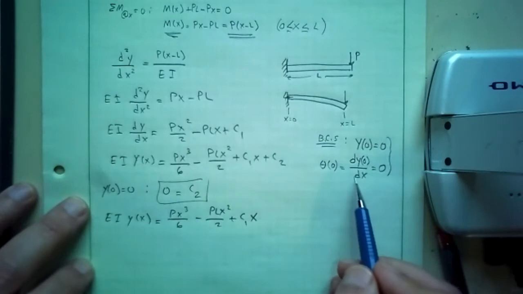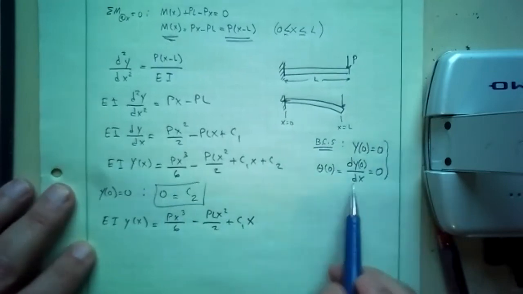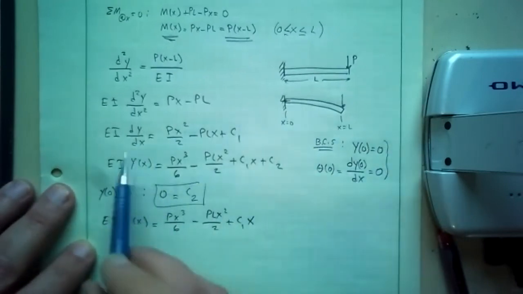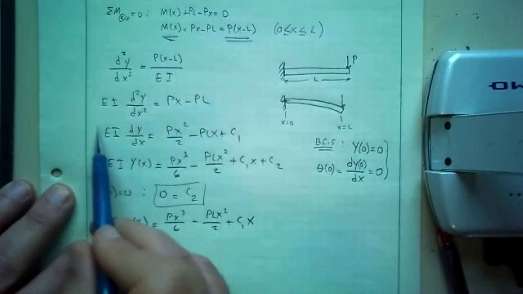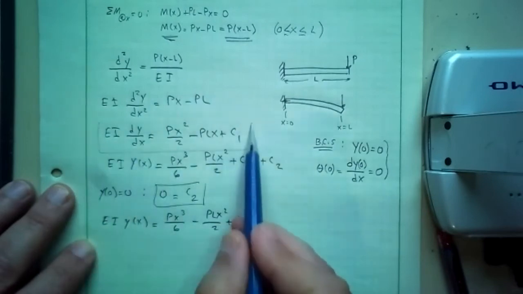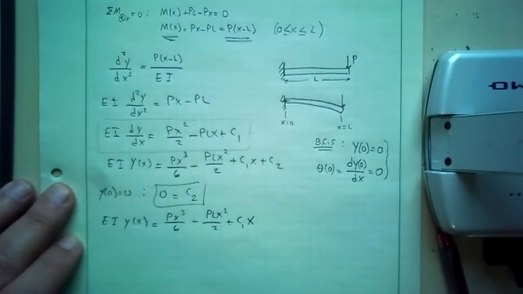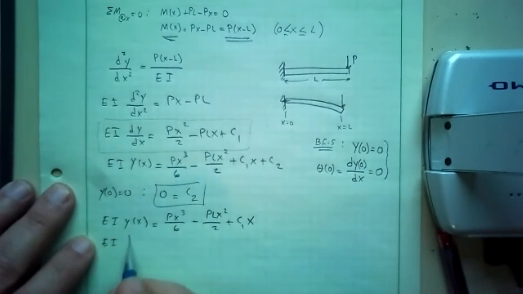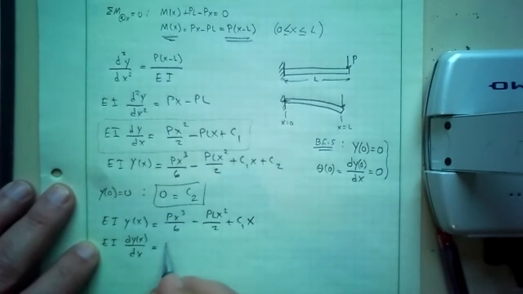I apply the second boundary condition. The second boundary condition, I can apply to this, really, right there, or I can take a derivative of this with respect to x. It'll be the same equation. So EI dy dx is equal to Px squared over 2 minus PLx plus c1.